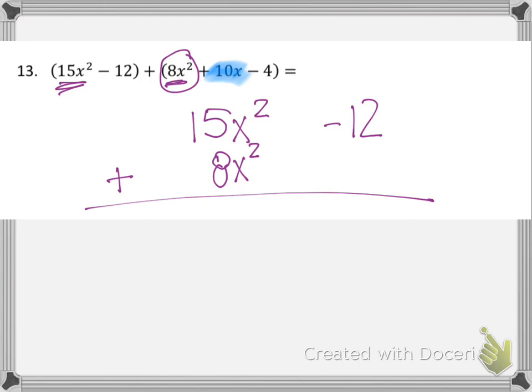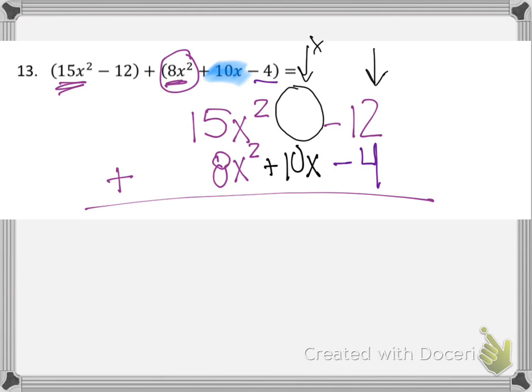So 10x I'm going to make sure and put in its own column. So plus 10x. And then my constant, that negative 4, that's going to go in my constant column. So again, I have this lined up perfectly. However, I'm going to have a missing space in my x column.